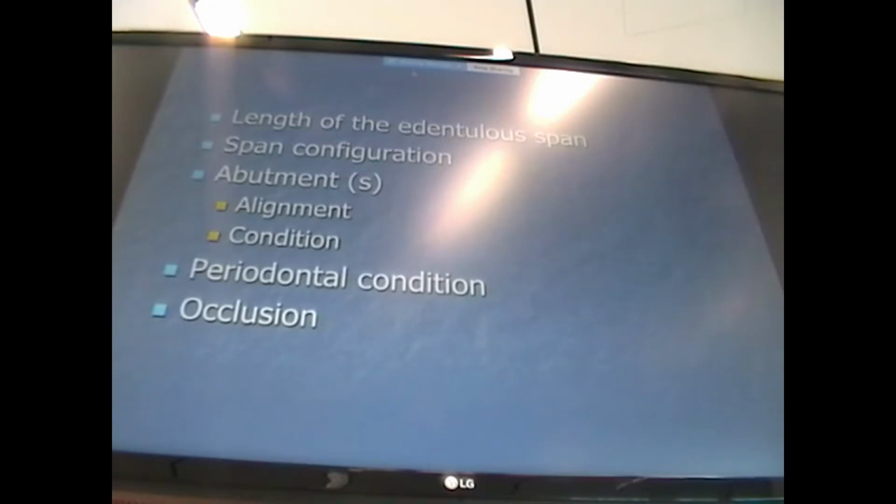Are they compromised teeth? What is the periodontal condition? Okay. Will they survive having additional load placed on the prosthesis? What is the occlusion? Can you establish an optimal occlusion?